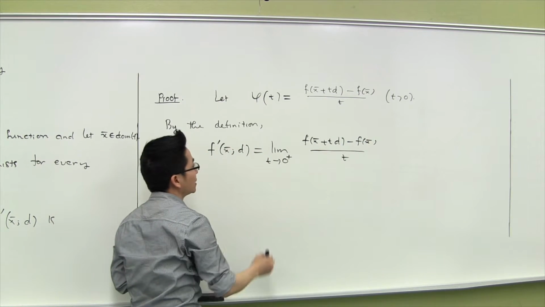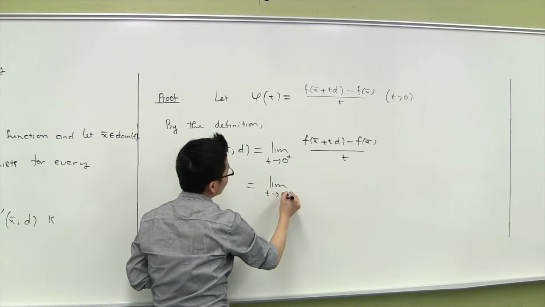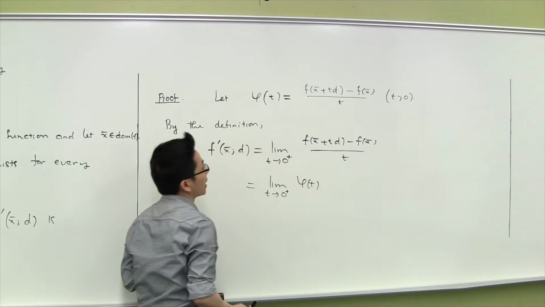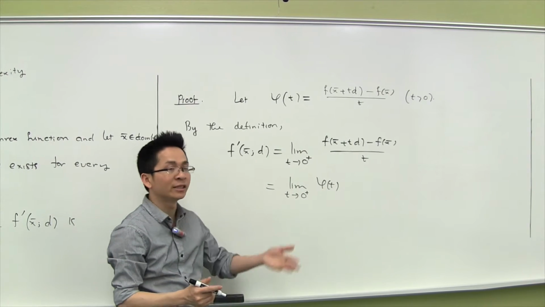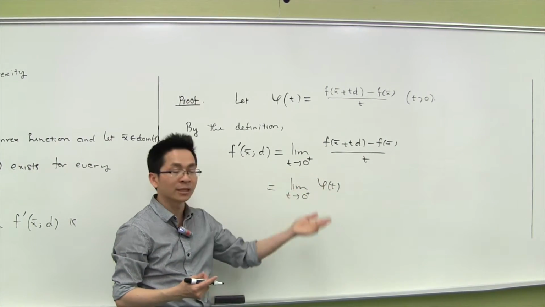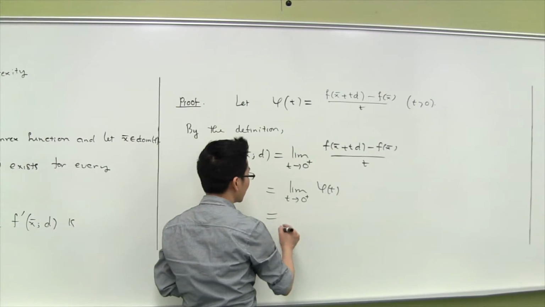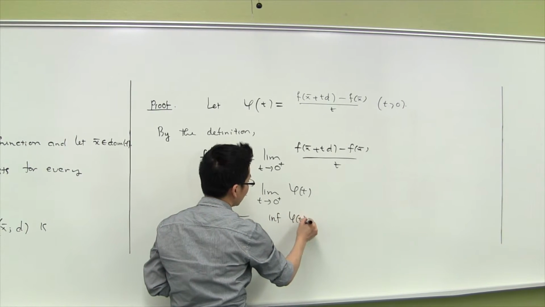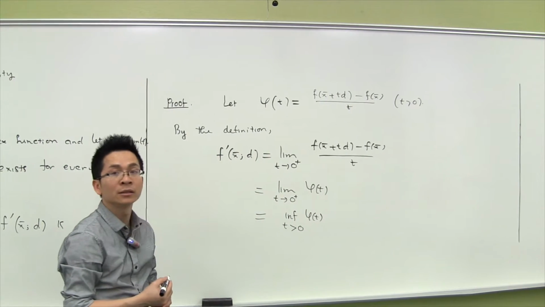Okay, and this is just the limit as t approaches 0 from the right of phi of t. And as proved from the previous lemma, phi is a non-decreasing function. Therefore, this limit always exists as an extended real number. And in fact, it has this representation. It's the infimum of phi of t, where t is greater than 0.